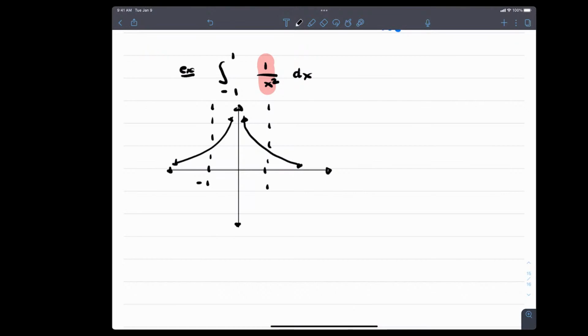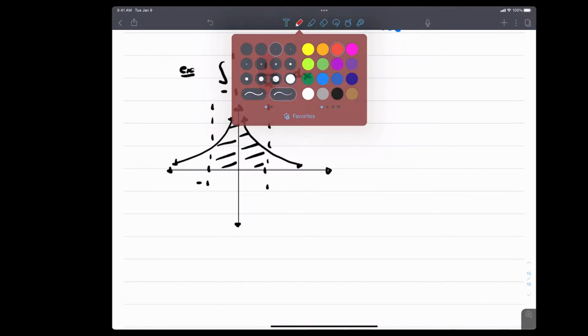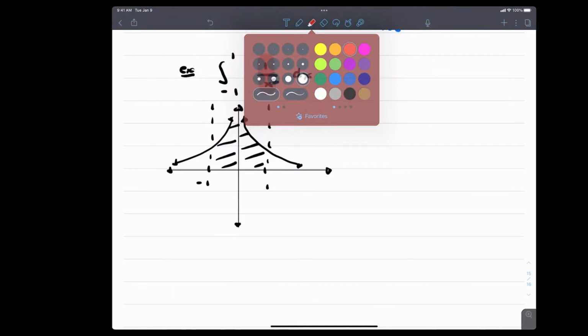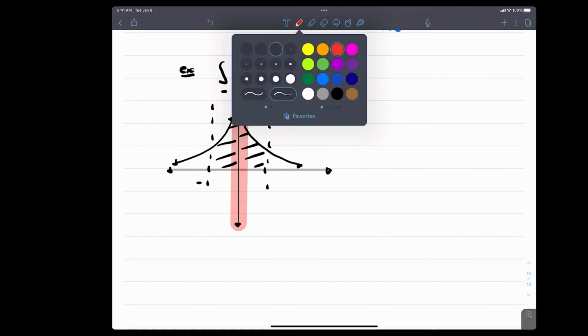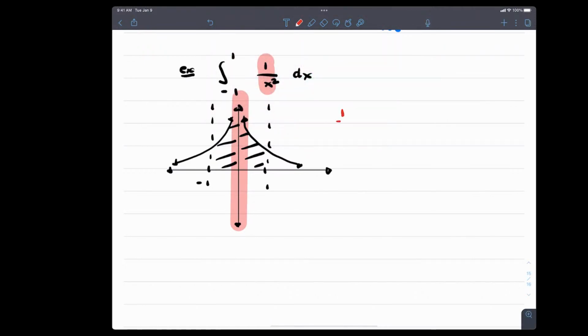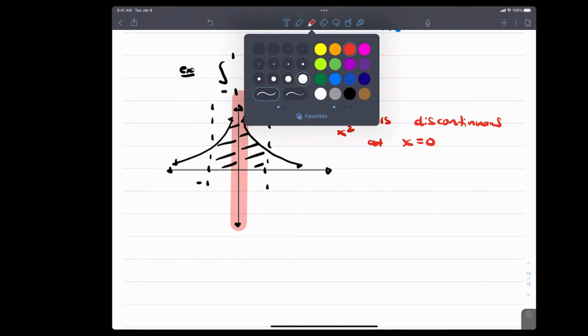What they're asking is, hey, what's the area under the curve here? And what I want to emphasize here, let's get the highlighter out, is this: 1 over x squared is discontinuous at x equals 0. It's discontinuous at 0.